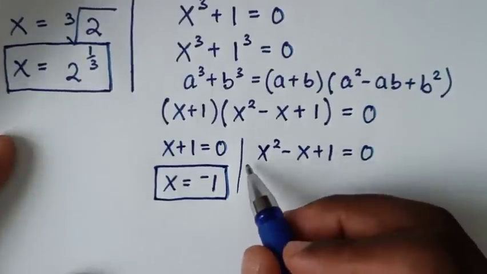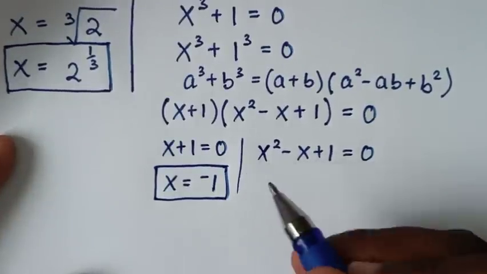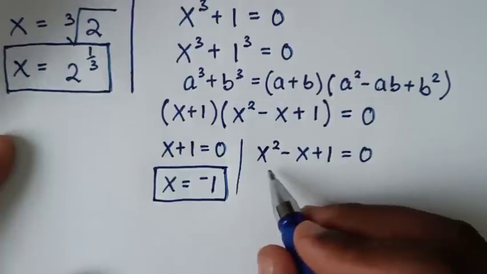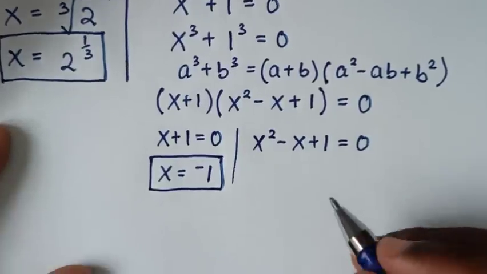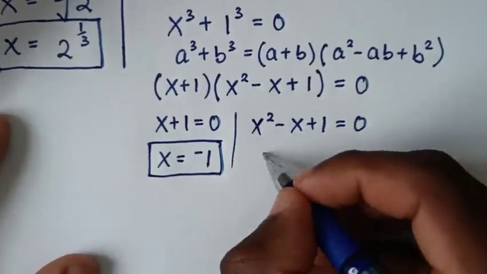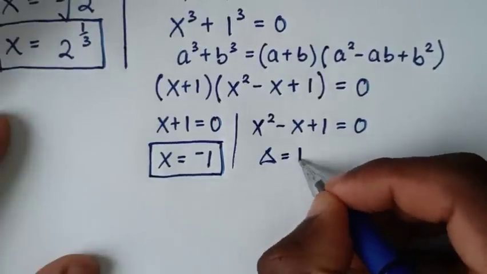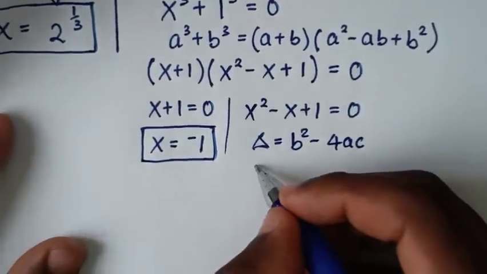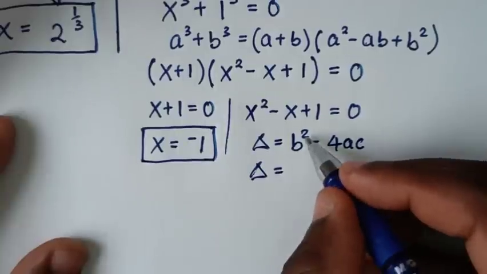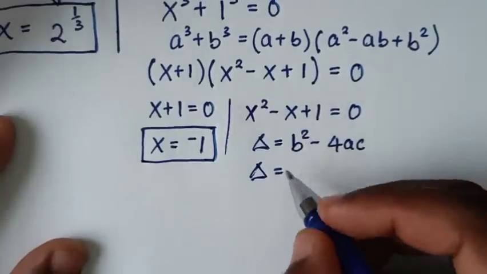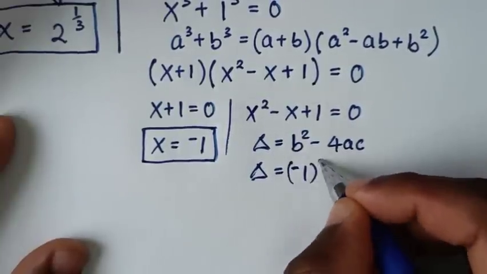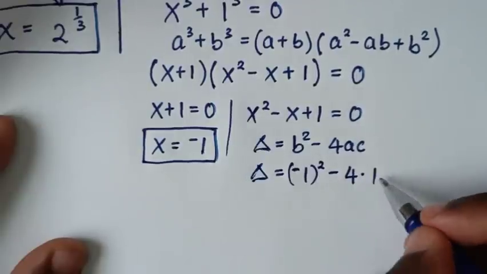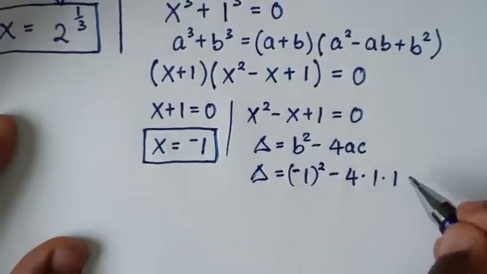Now to solve this quadratic equation, note that the value of x should be a real number. Here we'll check if it will give a real solution by using the discriminant formula, which is the discriminant equals b^2 - 4ac. Then the discriminant is equal to b^2, the coefficient of x is negative 1, so (-1)^2 - 4 times a, which is 1, times c, which is 1.